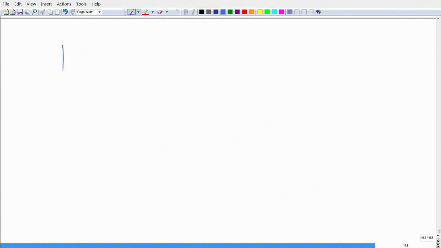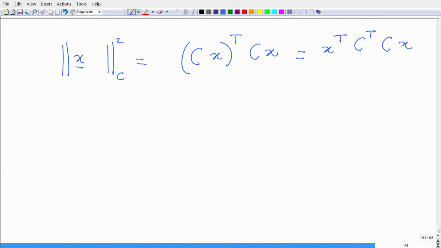So, I can define a weighing function, that means data points x can be weighed by a weighing function which is C, and we assume that to be some matrix, and written in this form, norm of x, I will put C here, norm of x C square is given by C times x transposed times C times x, and written in quadratic form this is going to be x transposed C transposed times C x, where this matrix C transposed times C is an M naught by M naught norm weighing matrix.